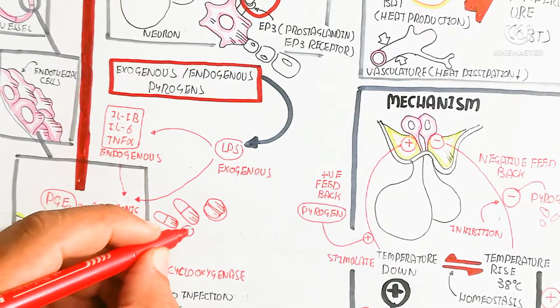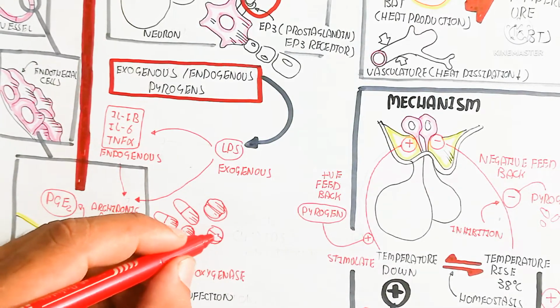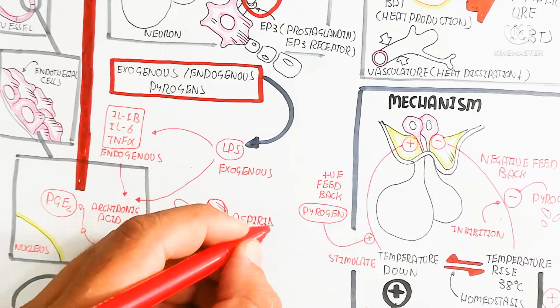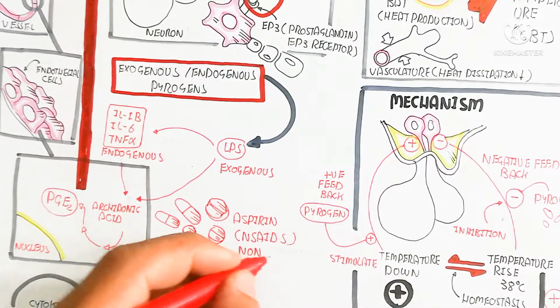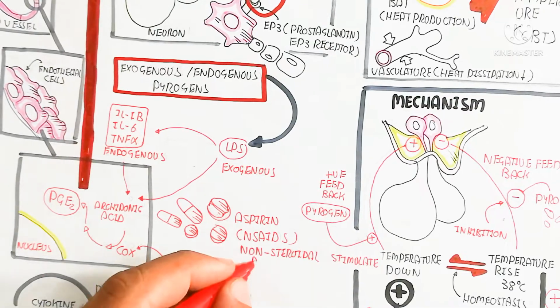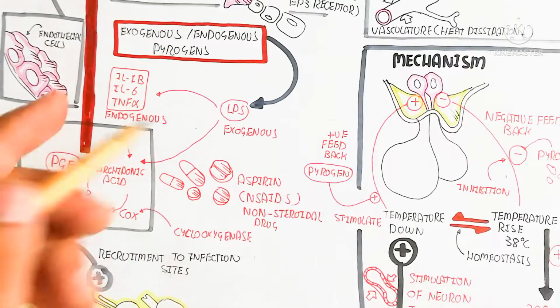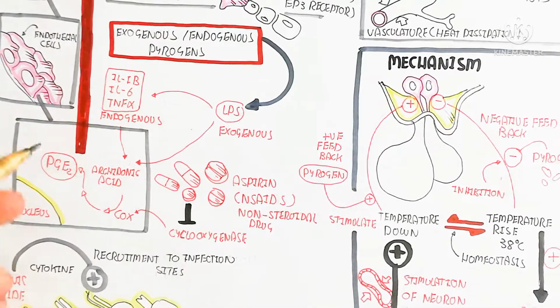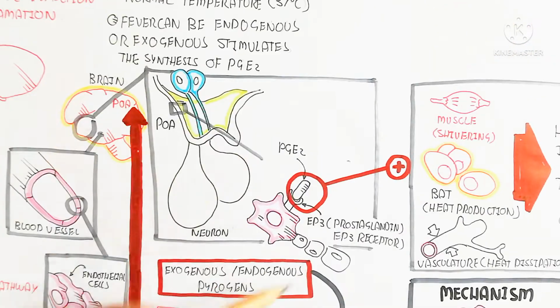Also production of histamine, we will not go into detail about histamine, but you need to understand histamine is also used for vasoconstriction.